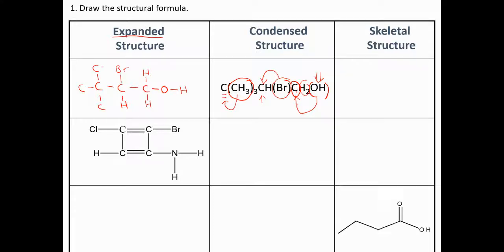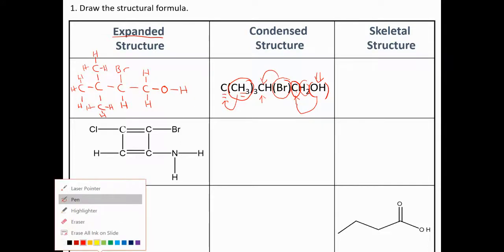Now I continue again. Just now I didn't draw the hydrogen yet. So 3 hydrogen because carbon must have 4 bonds. So don't forget this one as well. So this is the expanded structure.